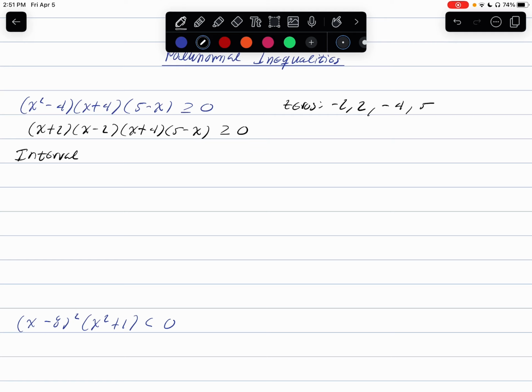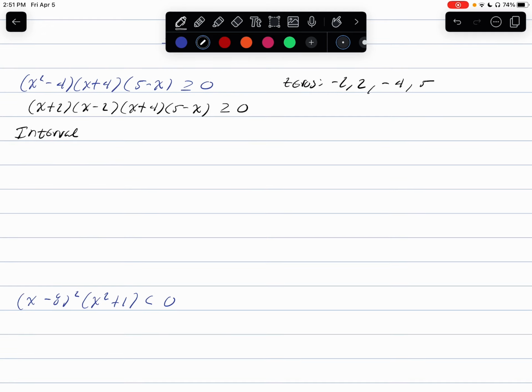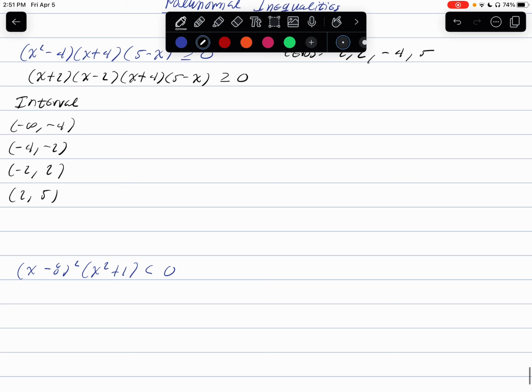This is our interval section here. So we're going to have the interval from -infinity to -4. That's our furthest left point. Then we're going to have the interval from -4 to -2. Then the interval from -2 to +2. And then we'll have the interval from 2 to 5, and the interval from 5 to infinity.